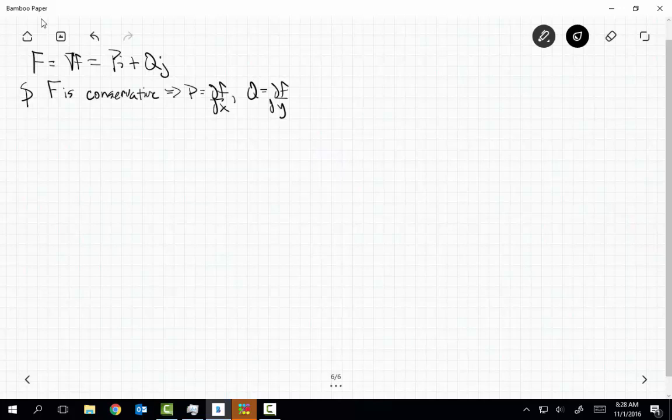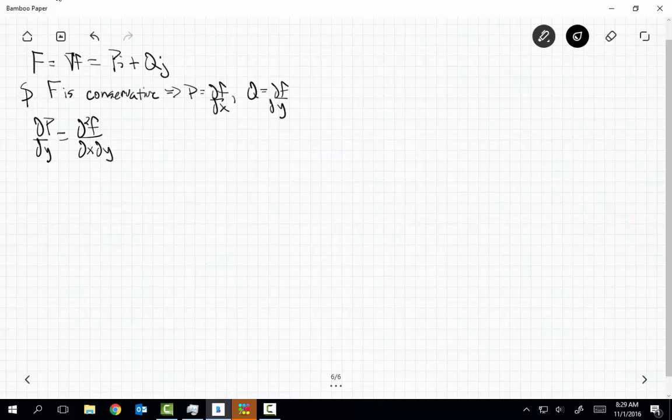Now, I'm going to take a second derivative of these, and we'll see what happens. I want to take the derivative of P with respect to y. Do you agree that the partial of P with respect to y is just the partial of this guy, which gives me the second derivative of f with respect to x and y?